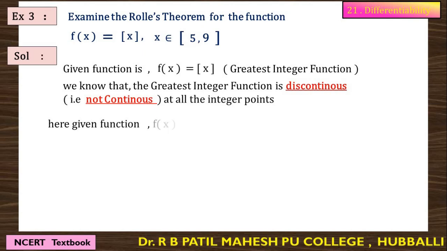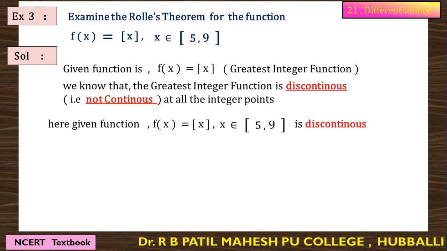So here the given function f of x, that is greatest integer function, and x is in between closed interval 5 comma 9. So here in this interval we have many integer numbers. So therefore this greatest integer function is discontinuous at that point. So as I said in the important points, function should be continuous in the closed interval.